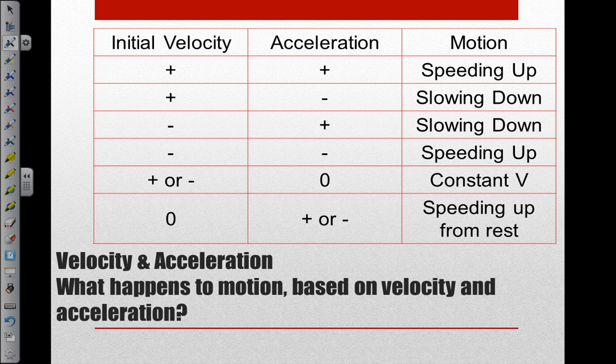If you go from -4 to -5, physically, what happened to that object? How does -5 compare to -4 from a velocity standpoint? Is it faster or slower? It's faster. It's just faster in the negative direction. So if you take negative velocity and make it more negative, that makes it go faster.